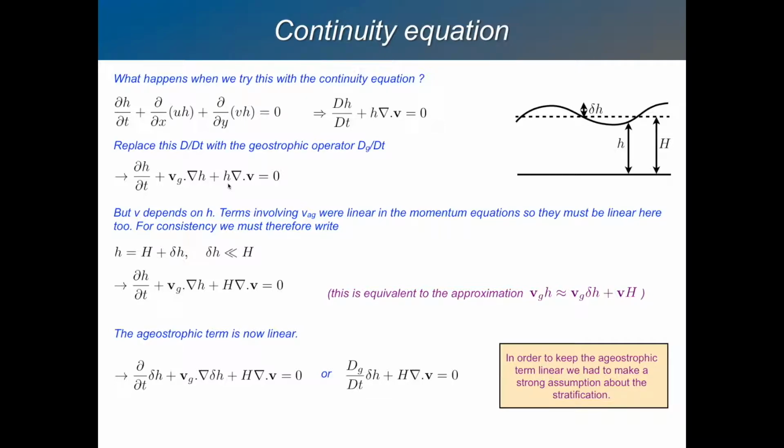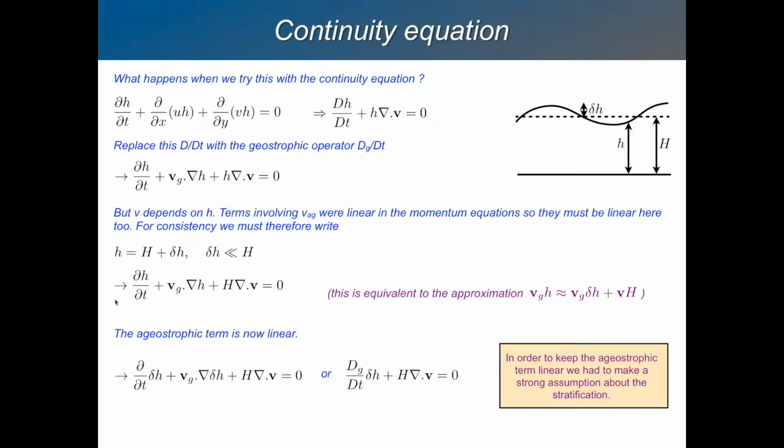So for consistency then, we must make an approximation here. We must say that our standard reference layer thickness, which is a constant, is big H, and our h is big H plus this delta h, which is the variation of the layer thickness, right? Now, so here it is, h is big H plus delta h, and we say that delta h is small, okay?